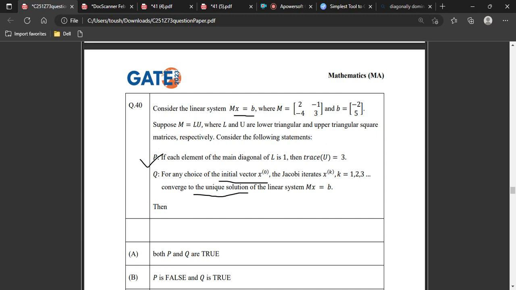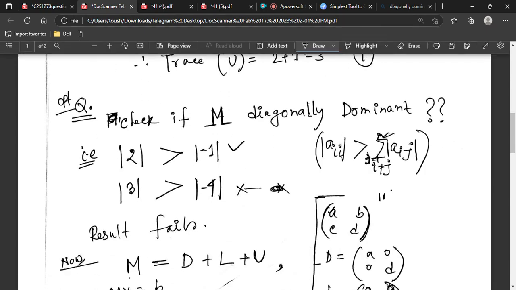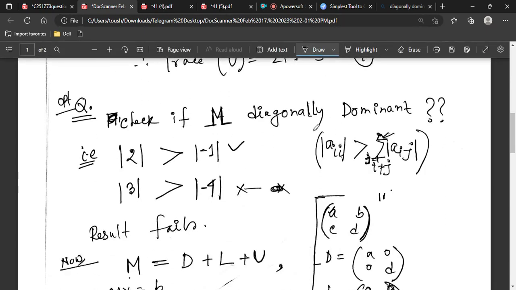But what is the meaning of diagonally dominant, right? Let me show you. A diagonally dominant matrix means it should hold this result: for every i, mod of aii should be greater than the summation over j not equal to i, j from 1 to n, of mod of aij.